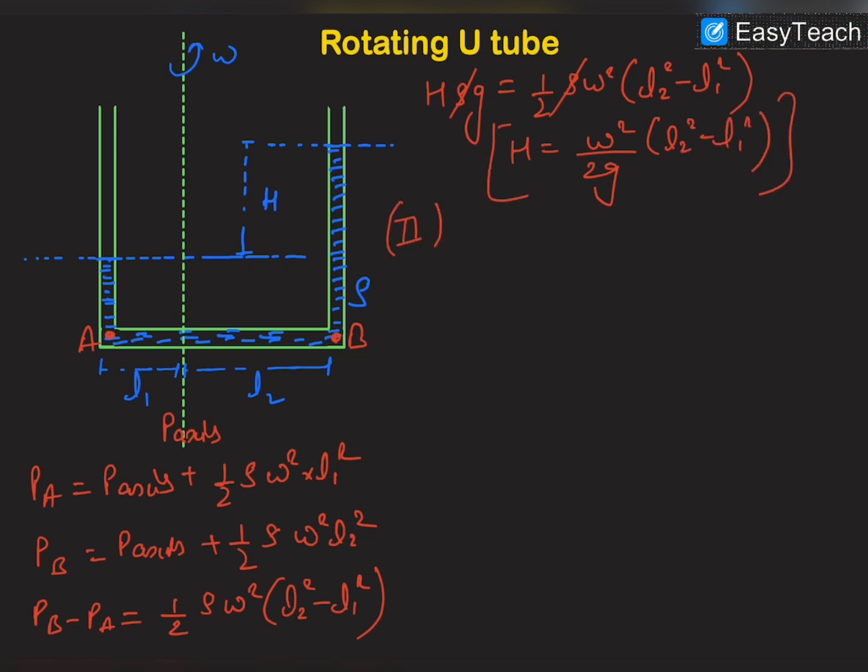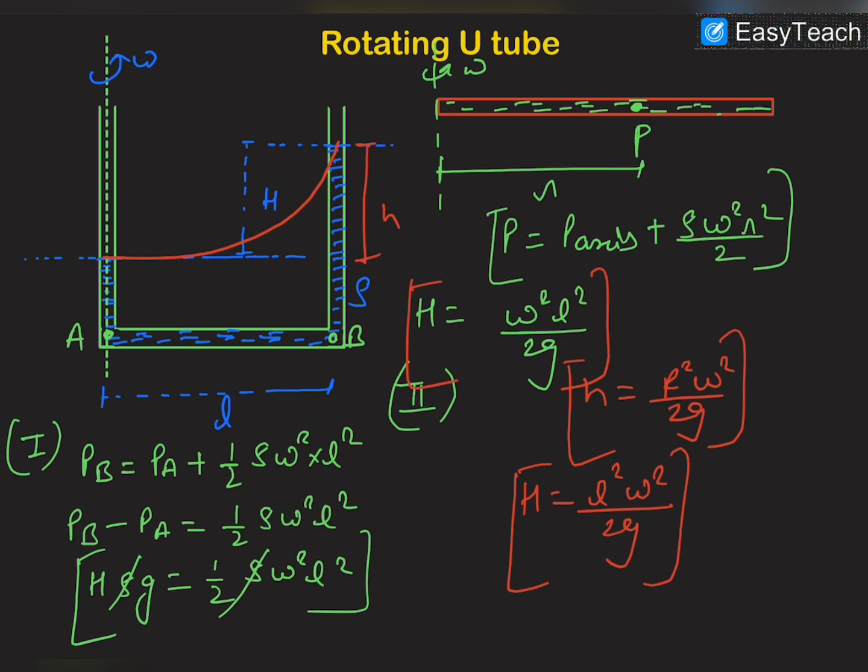Now if we discuss the second method, then first of all we can draw the shape of the free surface, the equipressure lines. So it would be like that. Because we know that the base of this parabola is on the axis of rotation, this is H1 and this is H2. So the formula for H1 is r square omega square by 2g.